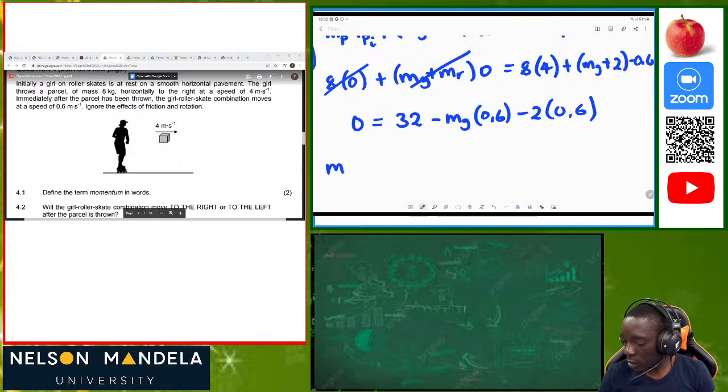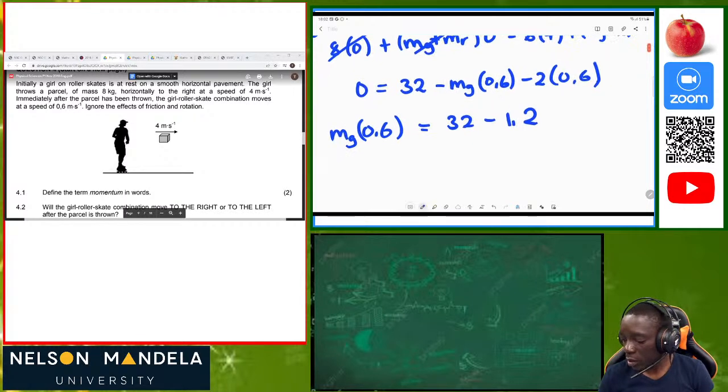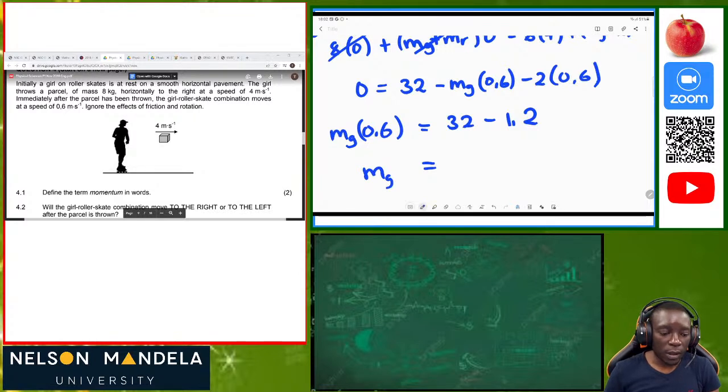So mass of girl times 0.6, by taking that part to the left side of the expression, will be equal to 32 minus 1.2. I think you can calculate that. 32 minus 1.2 should be 30.8.